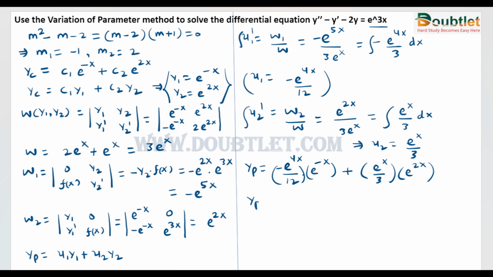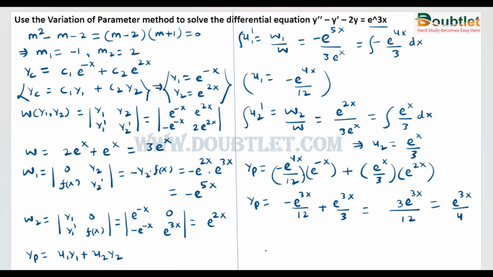So from here we can write yp as minus of e to the power 3x divided by 12 plus e to the power 3x divided by 3. If we solve this, we take 12 as LCM, so it becomes 4 minus 1, 3 times e to the power 3x. So we can write this as e to the power 3x divided by 4. So this is yp, and we have also found the yc here.